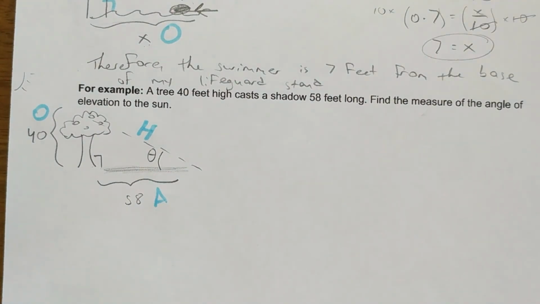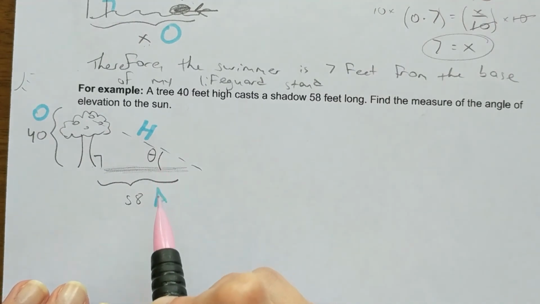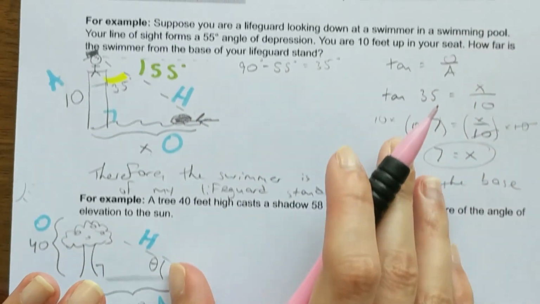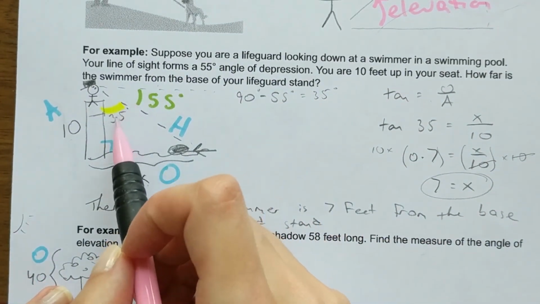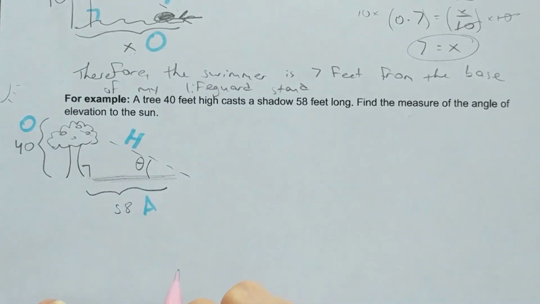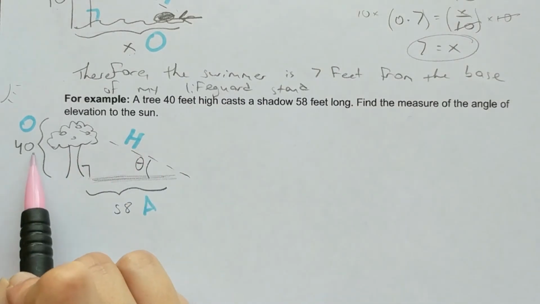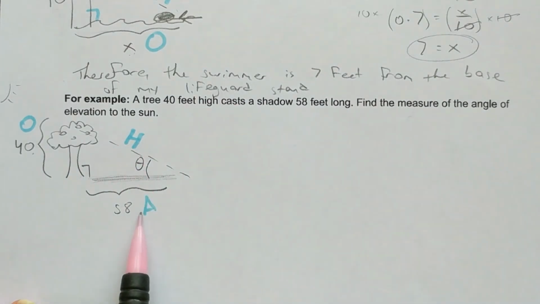Now I need to decide which ratio I am going to pick. Am I going to pick sine, cosine, or tan? I didn't need to do any of the stuff where I converted and brought the angle into the triangle, because the angle is already inside my triangle, so we are good to go. I need to find a ratio that has both opposite and adjacent, because those are the two pieces of information that I have.